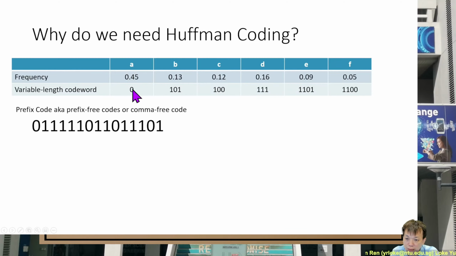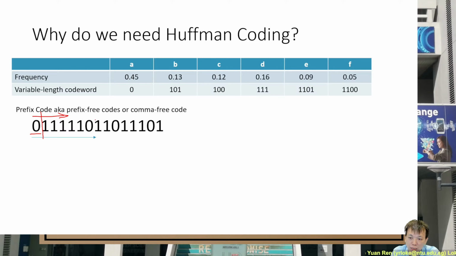You can see that if you read from here to here, when you read 0, definitely this is A, because here there is only 1 0.